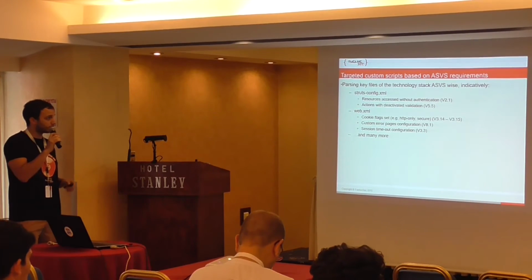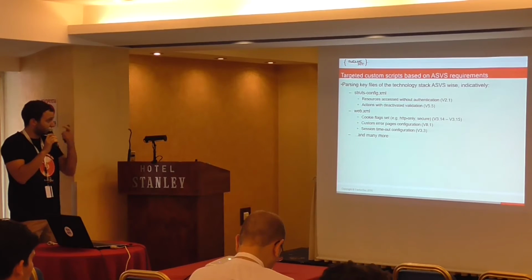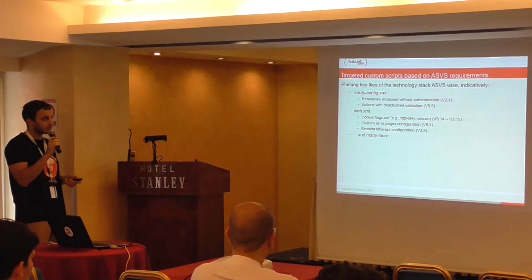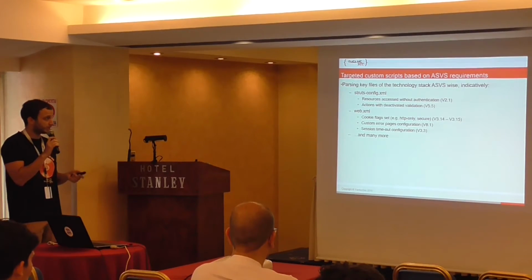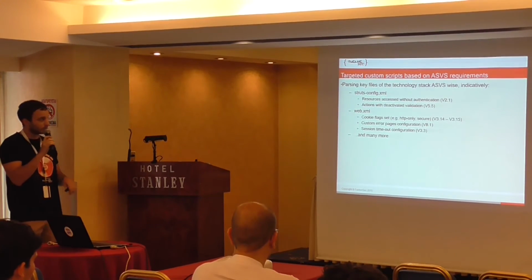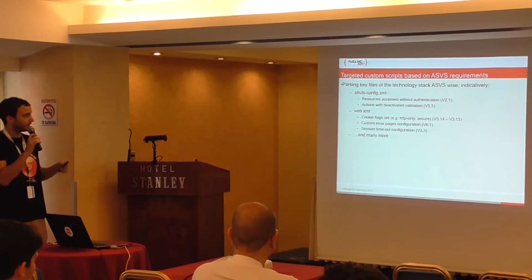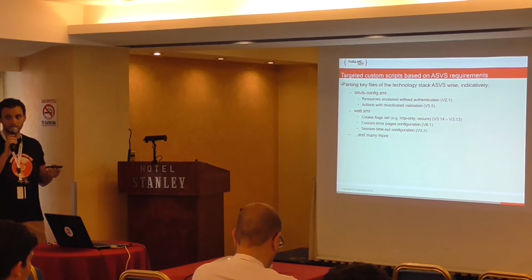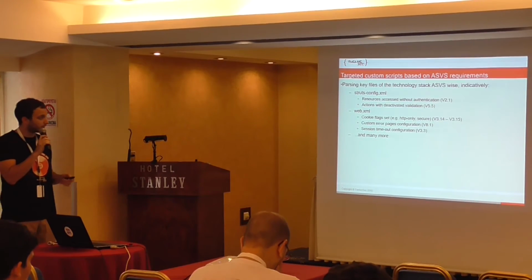Another approach for managing the ASVS requirements was to parse key files of the technology stack, for example the struts config XML or the web XML, in order to perform custom scripting for managing the ASVS requirements in scope and give a better answer for yourself through scripting and also manual verification.